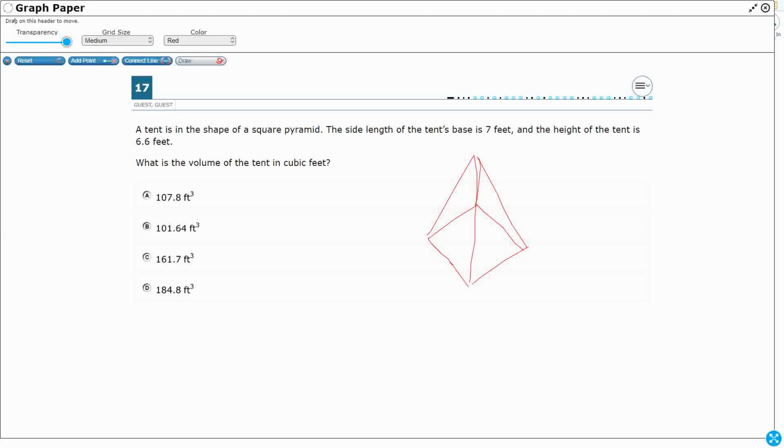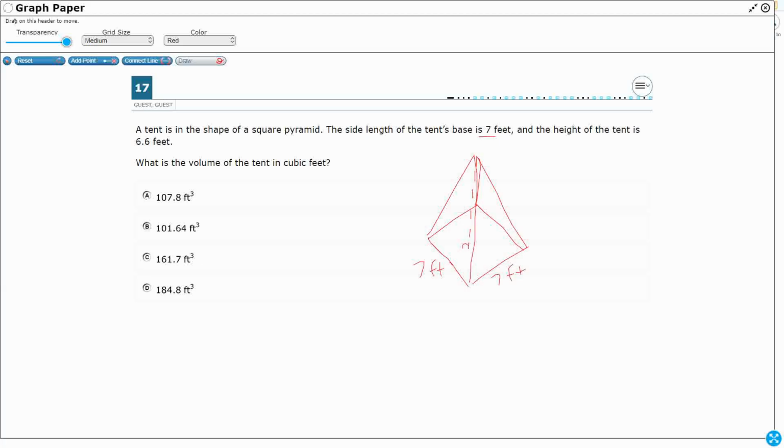So we've got a side length, the base is 7. It's a square, so that's 7, that's 7, it's 7 all the way around. And we've got this height, which is the one that's kind of hard to visually represent. It goes right down to the middle of the base, and it's not an actual slanted side.